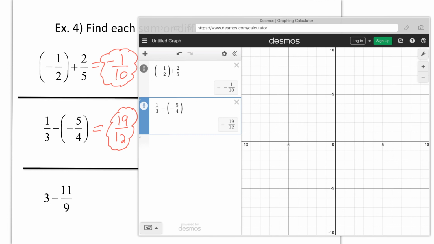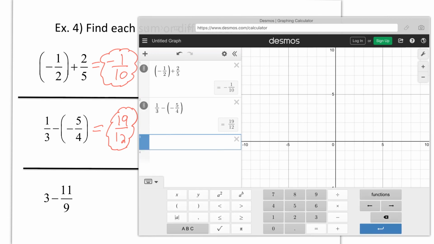Erase, erase. But I am going to use the calculator, Desmos, and I'm going to put 3 minus 11 divided by 9. And you notice that I didn't put 11 on the top. So I'm going to move the cursor. I'm going to delete it. 11 divided by 9.